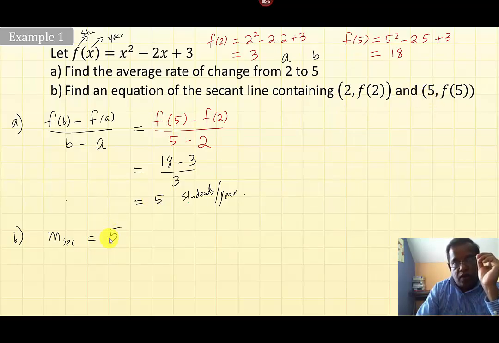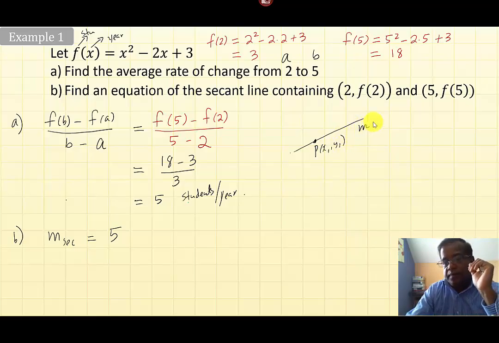Now in order to find the equation of a line containing a point (x1, y1), if the slope is m, it is given by this formula: y minus y1 is equal to m times x minus x1. So we have the slope, so we need a point. We actually have 2 points, either (2, f(2)) or (5, f(5)). So now let's use this one.